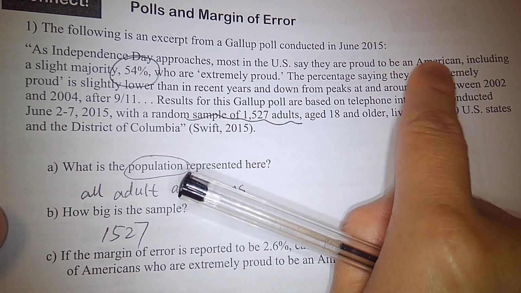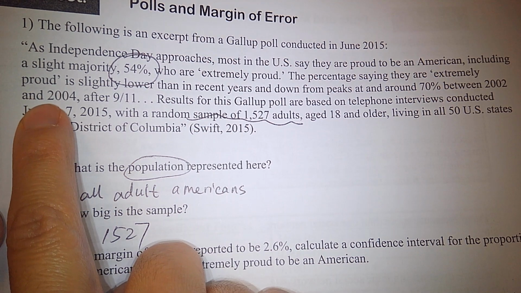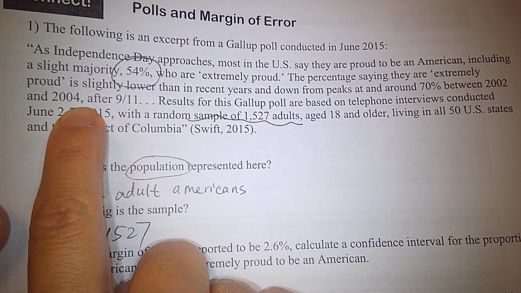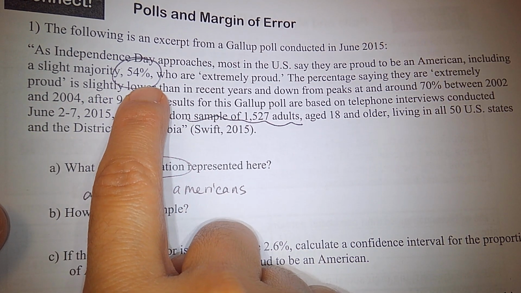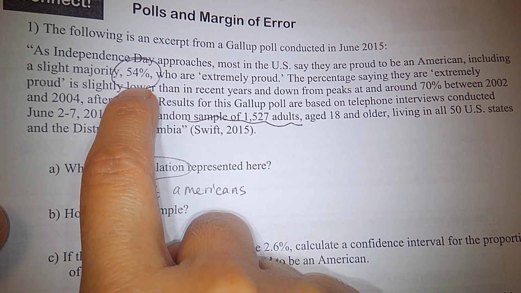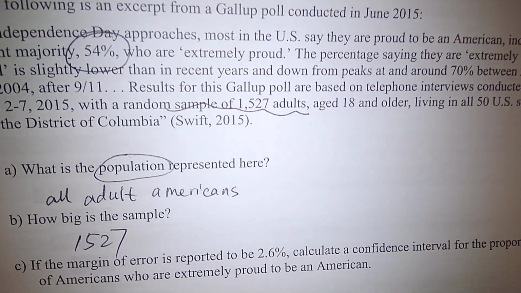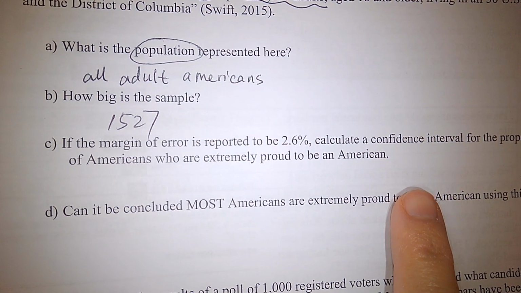It peaked at 70% between 2002 and 2004. Now it's down to what? 54% in 2015. So which percentage should we use as our sample percent? 54%, not 70. So find the confidence interval.